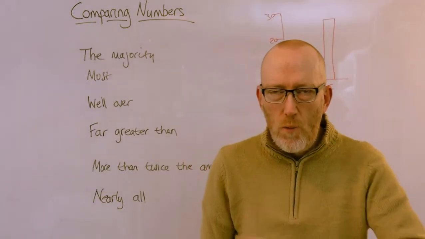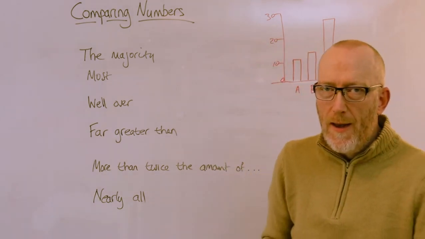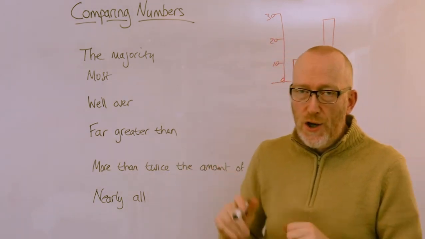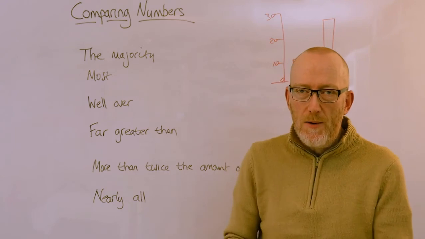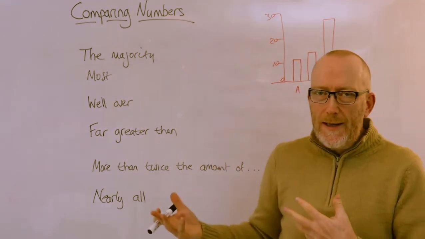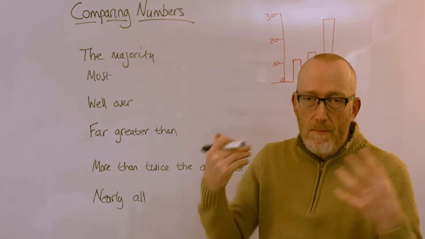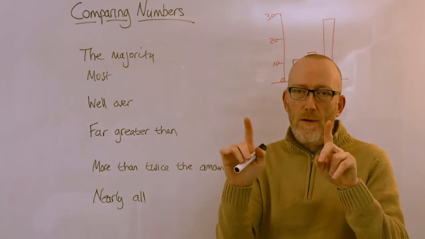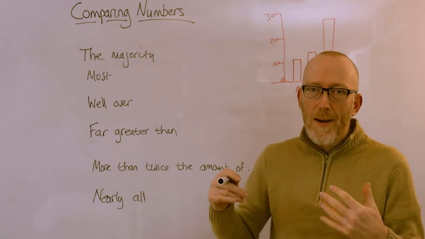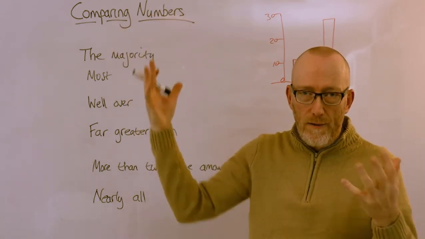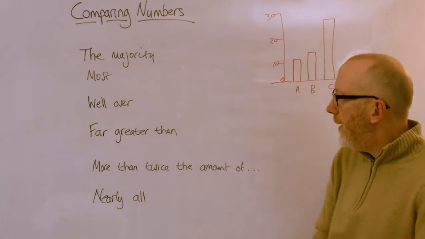Okay, so we're back with some more vocabulary, which again we can use for comparing numbers, but these are really superlatives. These are when we're talking about the majority, the most. We're not comparing numbers like for like. We're talking about the biggest numbers that we're given. Yeah.